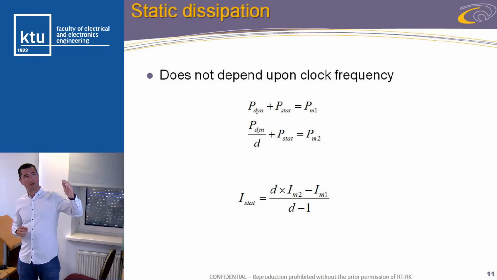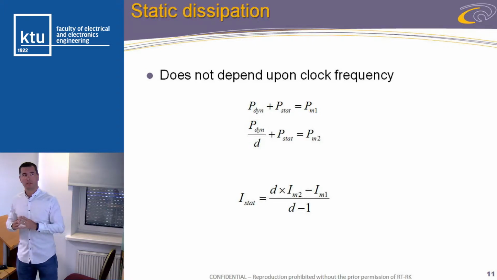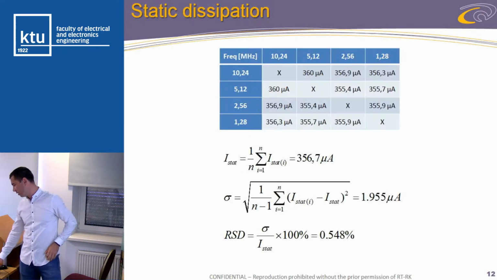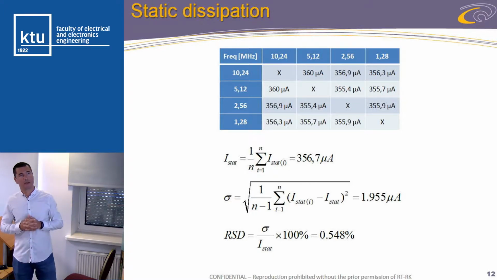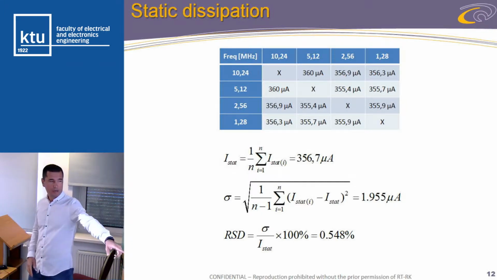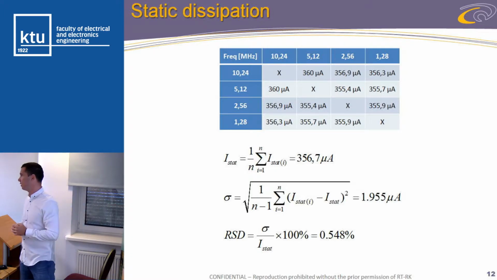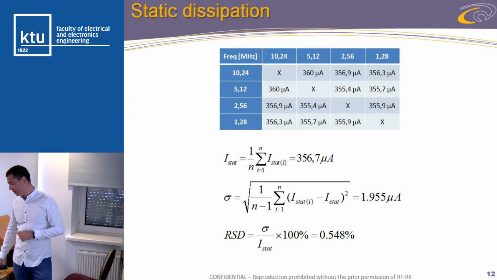So we perform measurements on different clock cycles, and then we calculate leakage current. This is the outcome of that experiment, and you can see that the relative standard deviation is around 0.5%, which means that we obtain pretty reliable data.